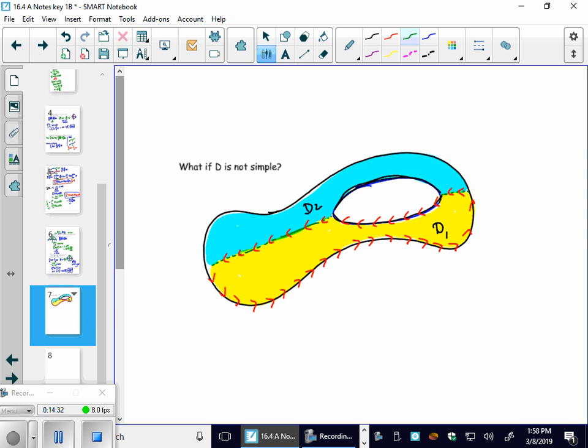But you might be thinking to yourself, well, now wait a minute. That's fine, except we arbitrarily just threw in some extra boundary lines. Those green lines, we just arbitrarily threw those in. Those are really not part of the boundary of this non-simple closed curve. And you'd be right. But watch what happens. If I went on and tried to find the line integral portion of D2, going again in a counterclockwise fashion, look what happens now.